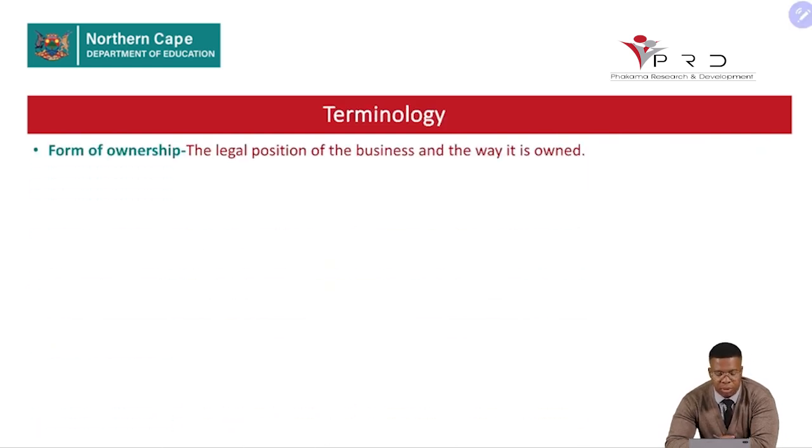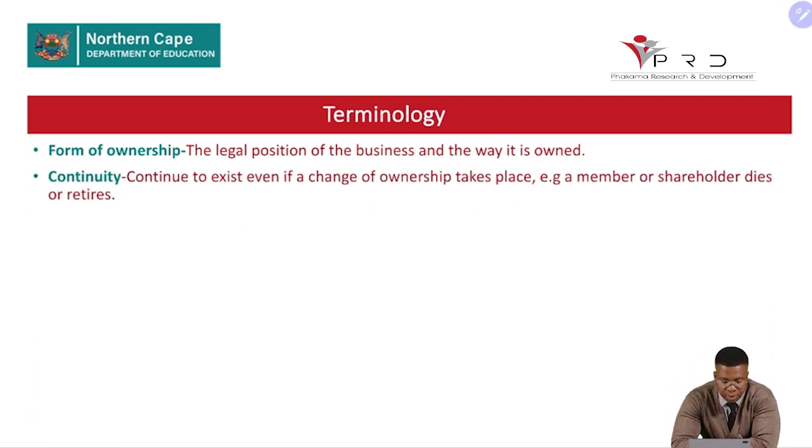Terminology that is important for our lesson is the term form of ownership. Form of ownership refers to the legal position of the business and the way it is owned. Furthermore, we have continuity, which refers to the idea that it can continue to exist even if a change of ownership takes place, e.g. a member or a shareholder dies or retires.